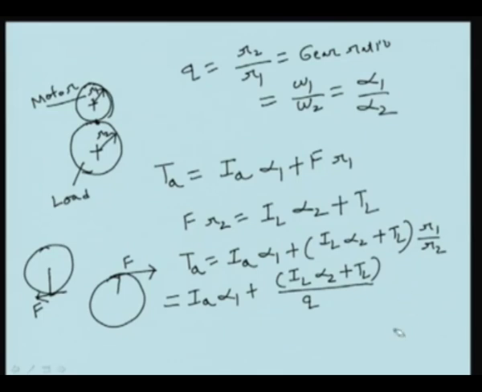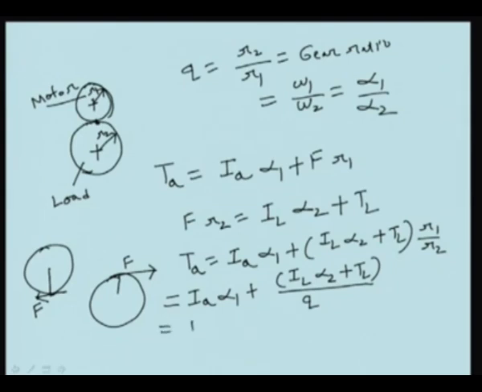Now, you have to find out the gear ratio for minimum torque. So, for that you do dTA by dQ. Let us first represent TA in that form, because alpha 2 will be prescribed, that is, the load has to accelerate with a certain angular acceleration alpha 2, that means pick up of the load.